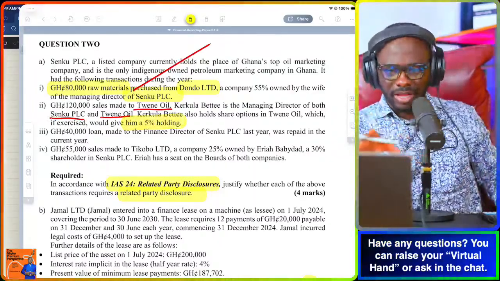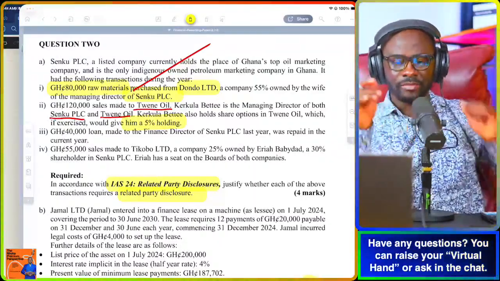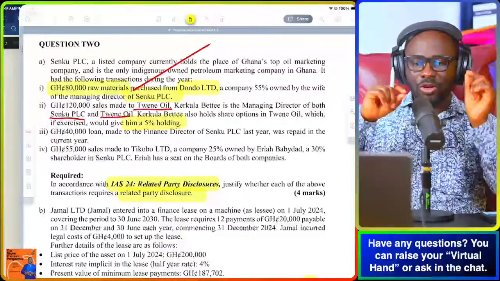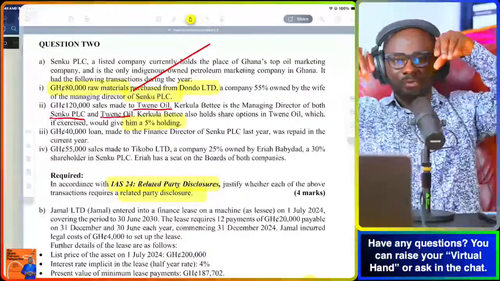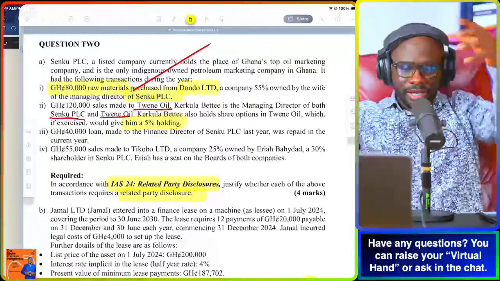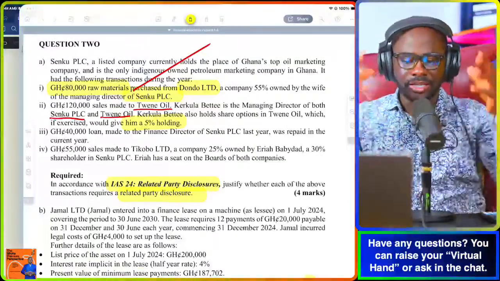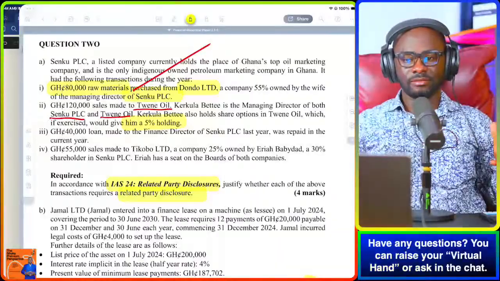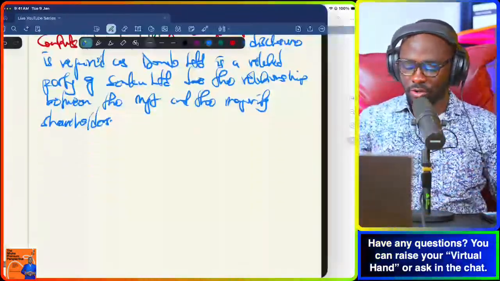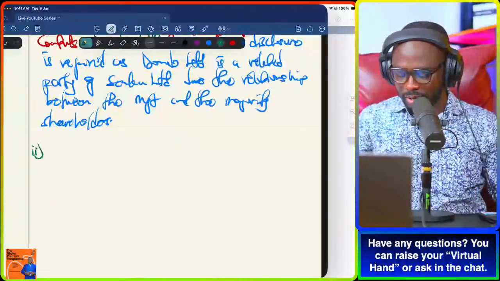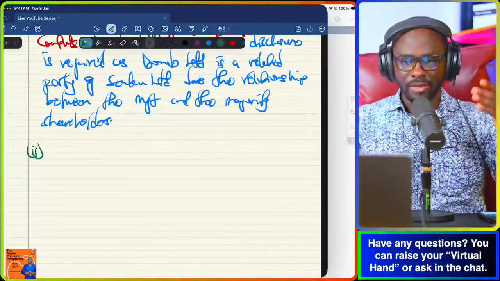We don't really care about that second part, 5% holding. The fact that Kekula Betty is a key management personnel of the two companies means they are what? Related parties. Okay? So the two companies are jointly managed by Kekula Betty, who is a key management personnel.